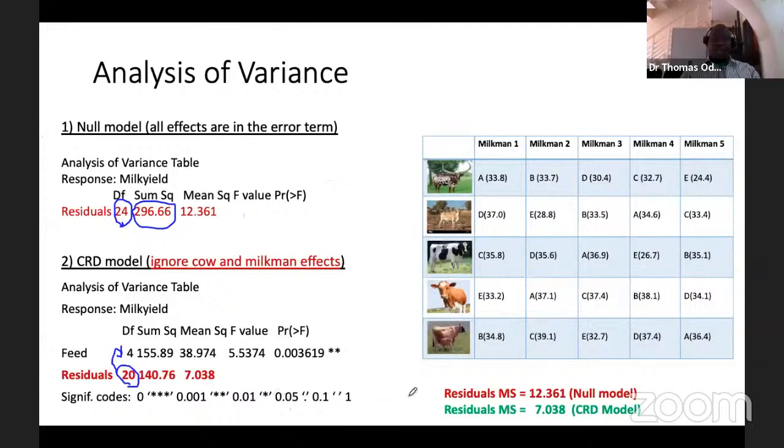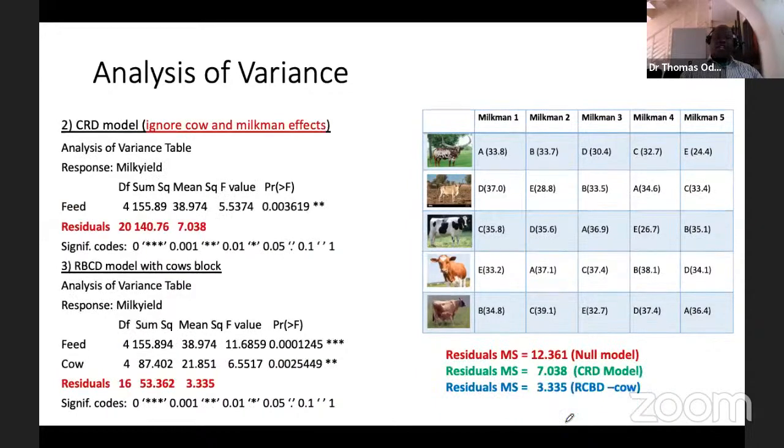Okay. So we have two models here, model 1 and model 2, and we see that there is an advantage in introducing the effect of the treatment. The next thing we are going to do is go to model 3. I'm going to leave this one here so that I can compare it with model number 3. When you go to model number 3, we bring in the cow as a block. So here we have feed. Remember, our sums of square and degrees of freedom for the feed have remained the same.